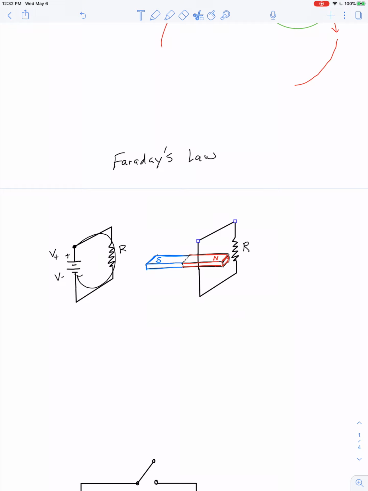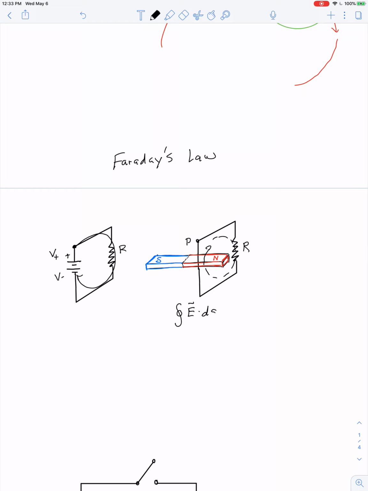And if we go from point P back around to where we start, normally Kirchhoff's loop rule would say that there's no voltage around that loop if there's not a battery. But if the magnet's in motion, there is a voltage around the loop. Now, how do we calculate voltage around the loop? Because we're going all the way around a loop, we'll take a closed loop integral, and voltage is the product of electric field and distance.